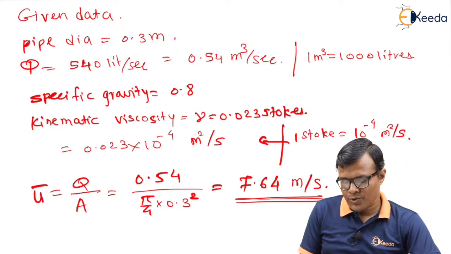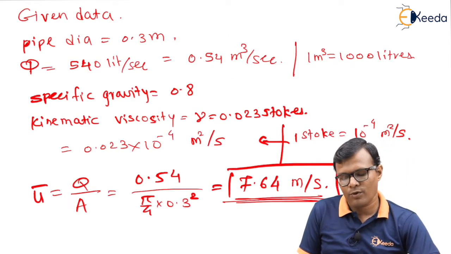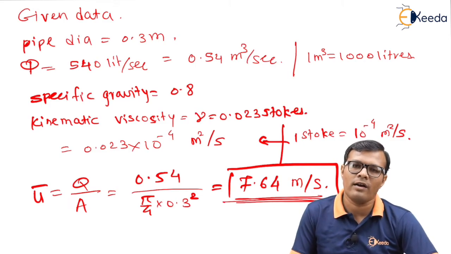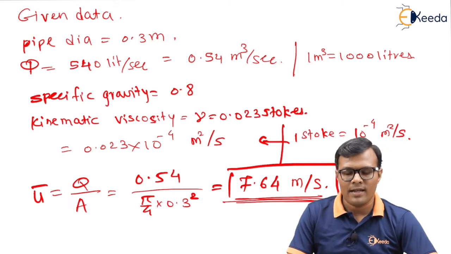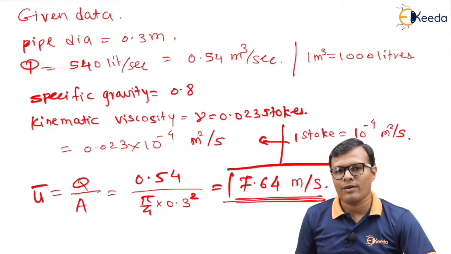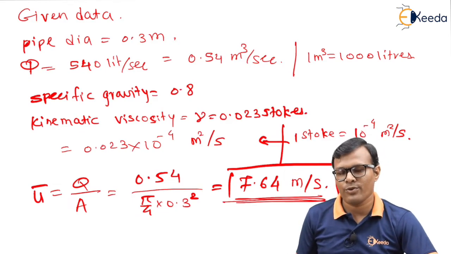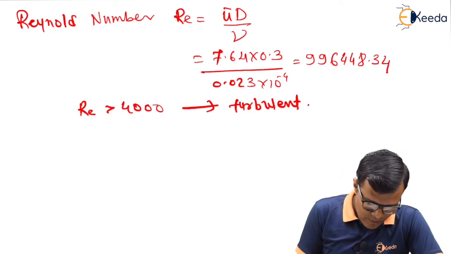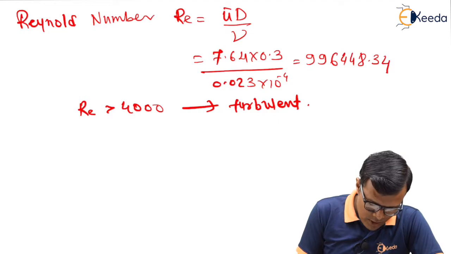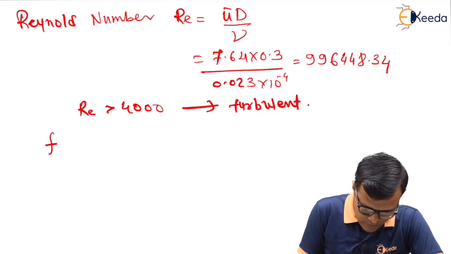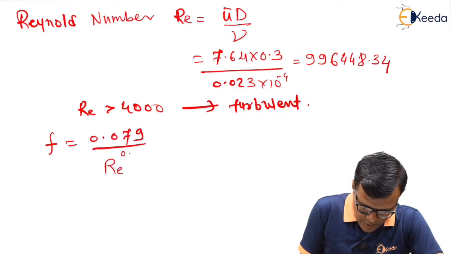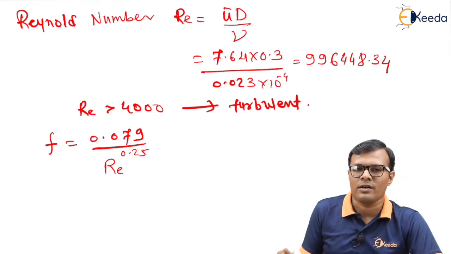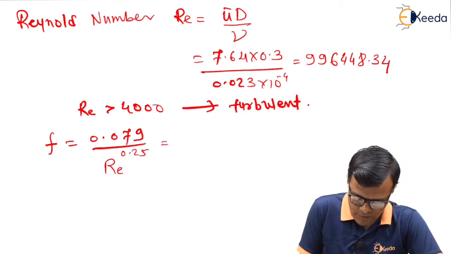Logically, if we check the velocity, 7.64 meter per second is already a large value, so from the velocity also we can say that the flow might be turbulent, but we have to verify it by considering the Reynolds number. So if the flow is turbulent, then the friction factor f is equal to 0.079 upon Re raised to 0.25, which we have seen in the list of formulae.